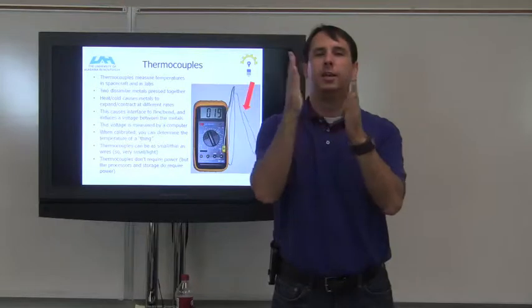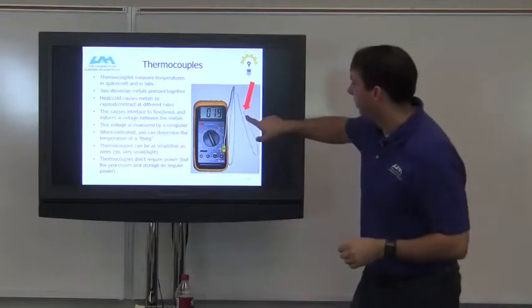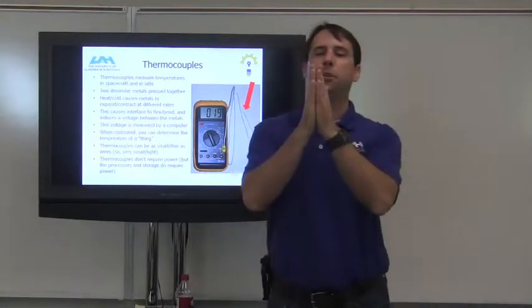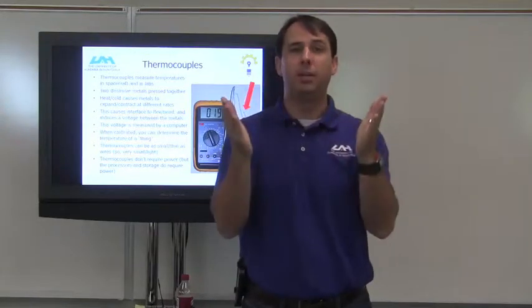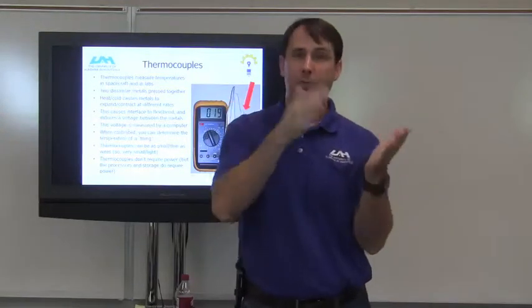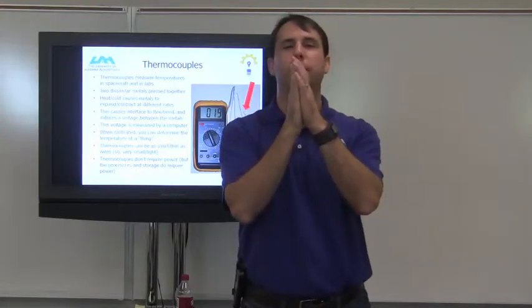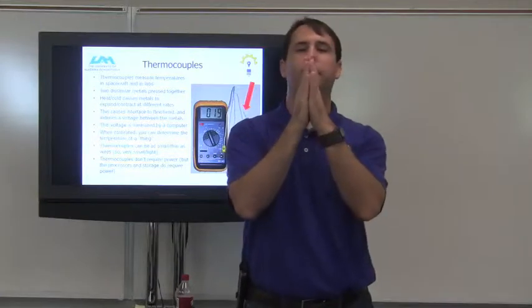What happens is you have these two metals and they're together. But it's just a wire. This is a thermocouple. It is just a wire, okay? But these two metals are placed together. And then if you heat it up, what happens when you heat up metals? They expand and contract, right? So the different metals expand and contract at different rates. So if you heat it up, it might do this. If you cool it down, it might do this, right?